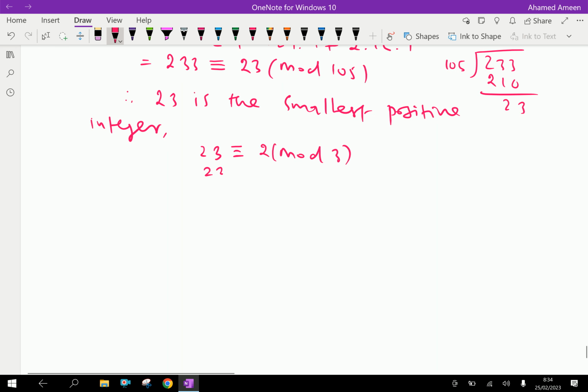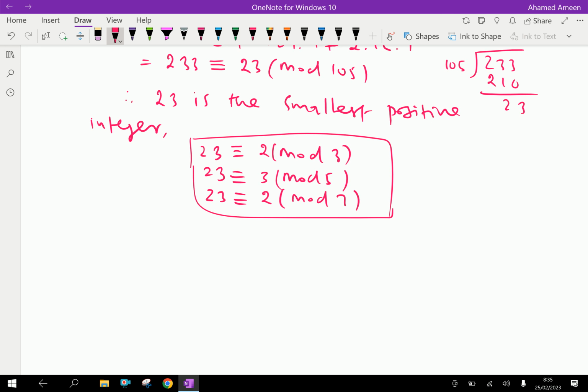Same, 23 is congruent to 3 mod 5, which means 4 fives are 20 and the remainder is 3. Same, 23 is congruent to 2 mod 7, which means if we divide 23 by 7, 3 sevens are 21, and the remainder is 2. So this is the solution of the equation, that is, x is 23.